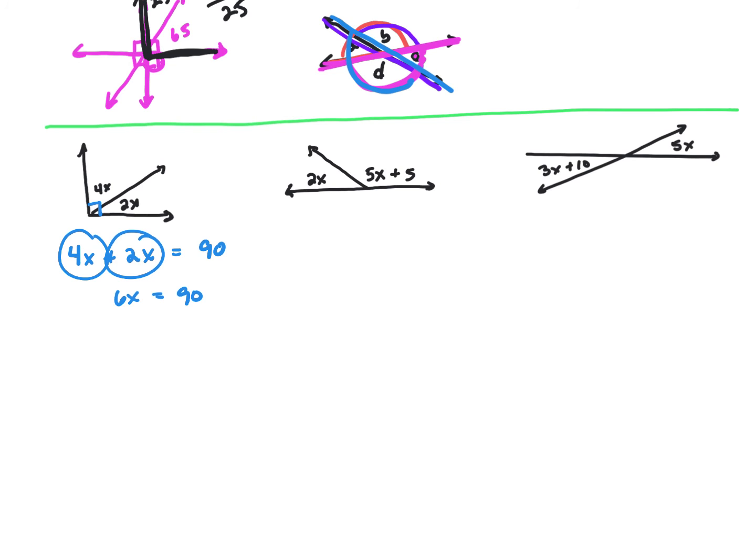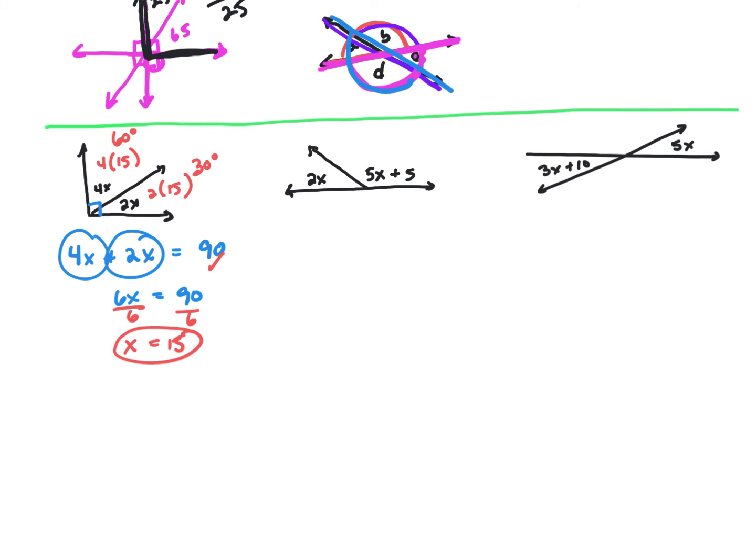And then we would divide both sides by 6 to get x equals 15. So now we know what x is, but we don't know what the measurements are. So we would take 4 times our value, which is 15, and 2 times our value, which is 15. And in this case, this would be 60 degrees, this would be 30 degrees, and those do indeed add up to 90 degrees.